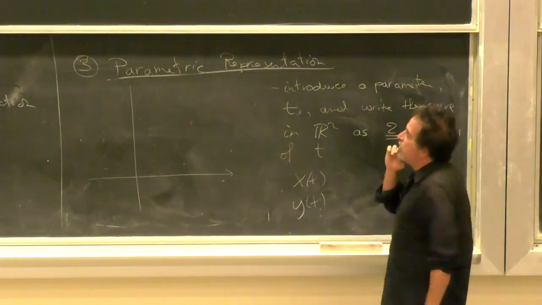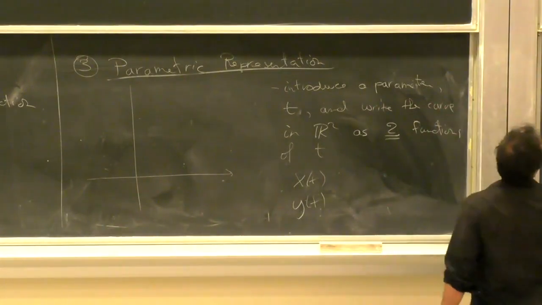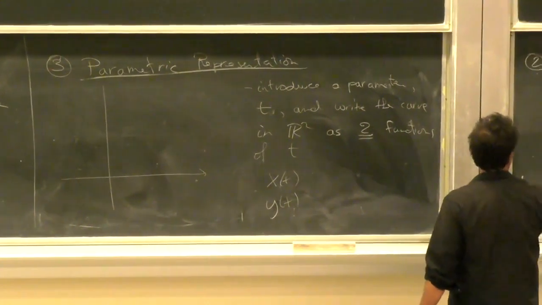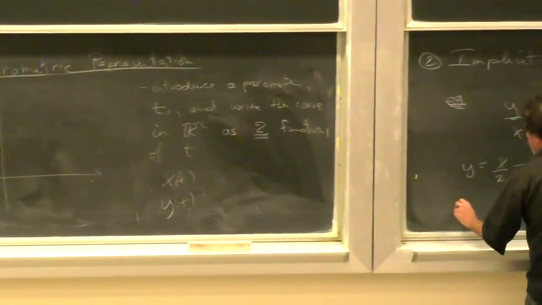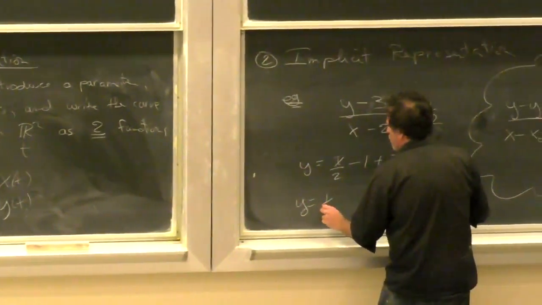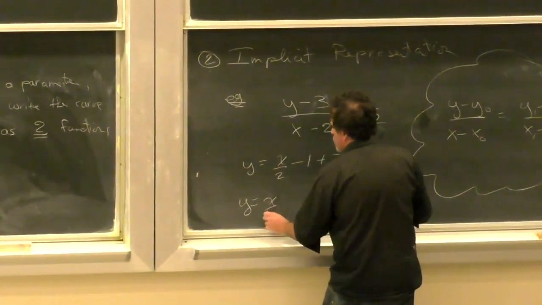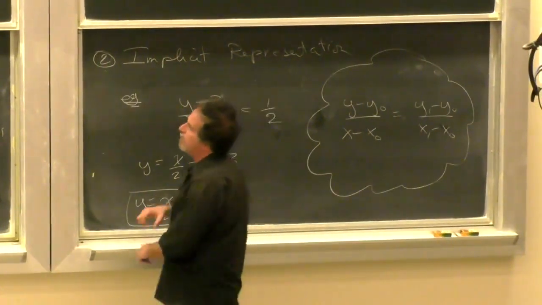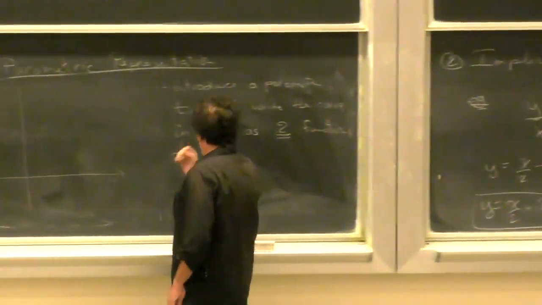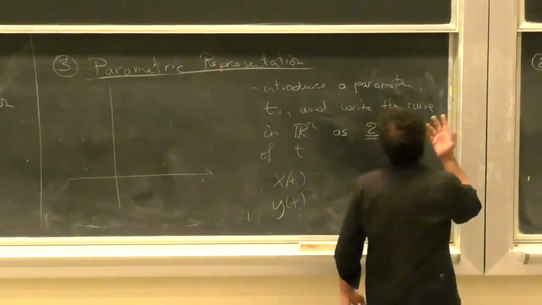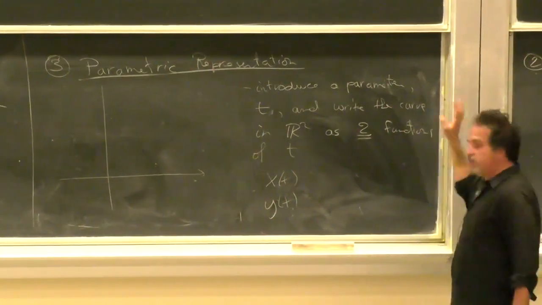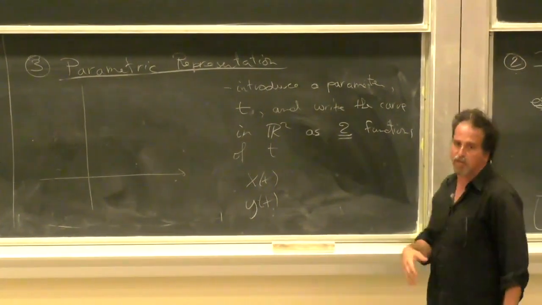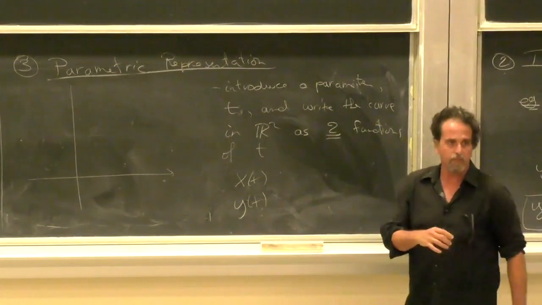So for this original example, which I have erased, maybe I'll use this example right here. Y equals x over 2 plus 2. Let's use that. So you introduce a parameter t, and this is the explicit representation. I want to make a parametric representation.